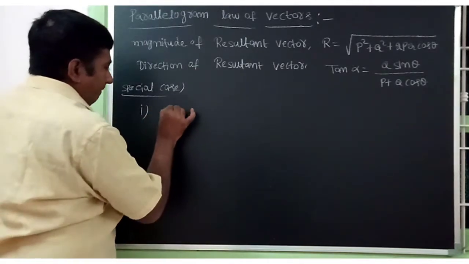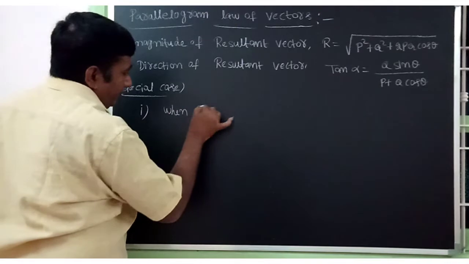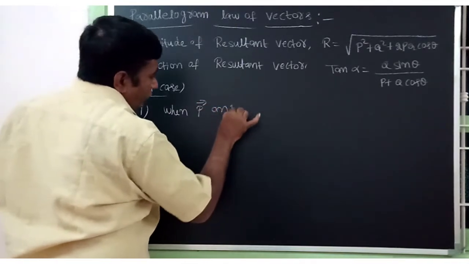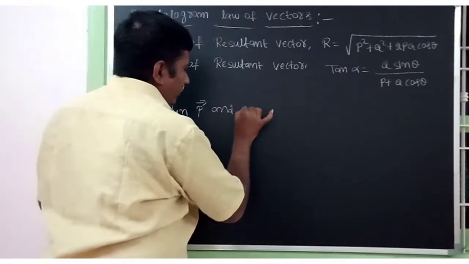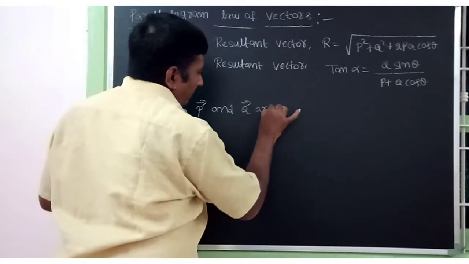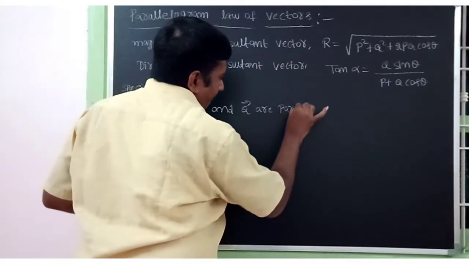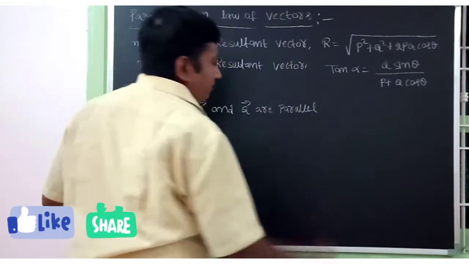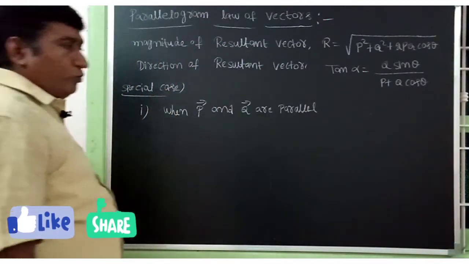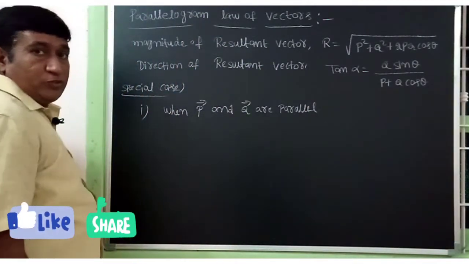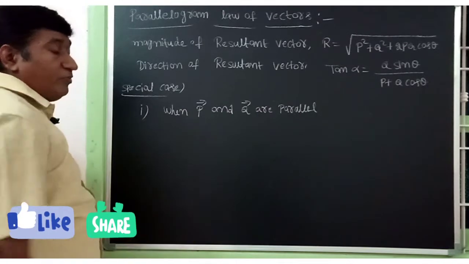In these special cases, the first one I am going to consider is when the p vector and q vector are parallel. When p vector and q vector are parallel, what's the angle between them?